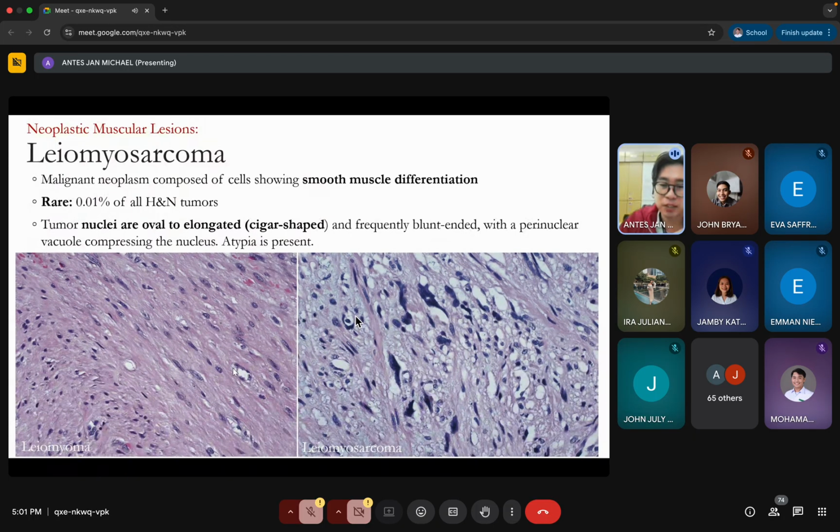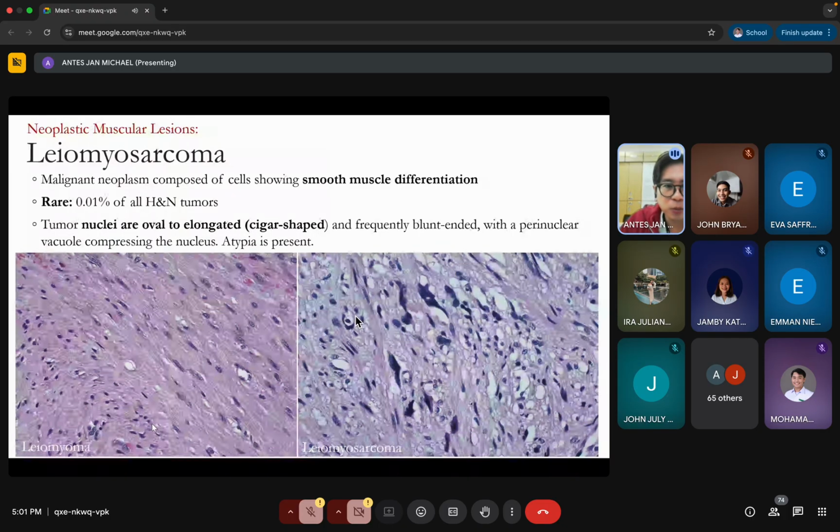Atypia is present, so there's cellular and nuclear atypia here. As you can see here, there are some spaces or vacuoles within the cytoplasm. When you compare it with the leiomyoma, the cytoplasmic vacuoles, the spaces that you see within these cells, are quite numerous compared to the benign lesion.